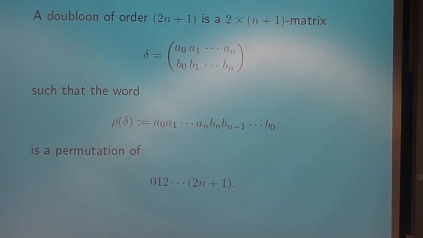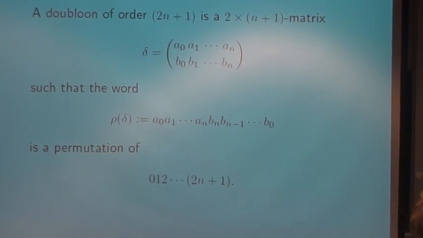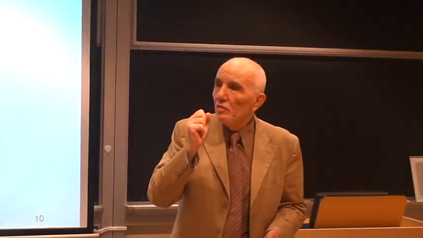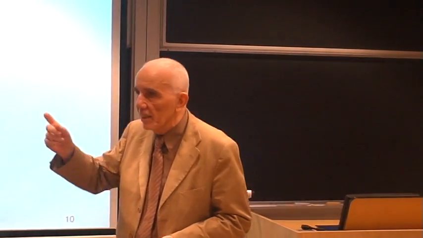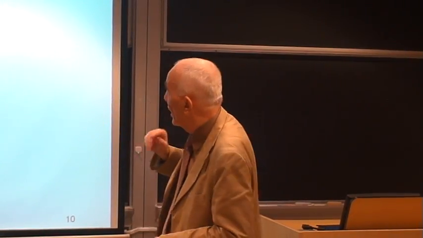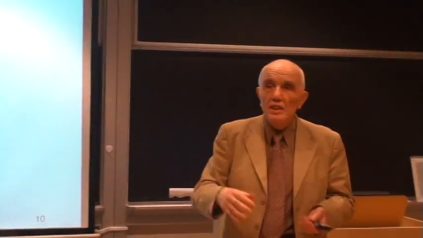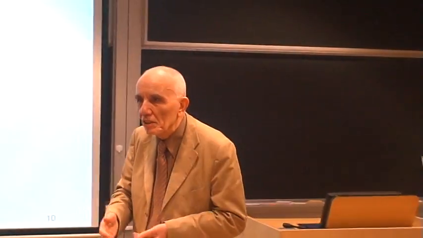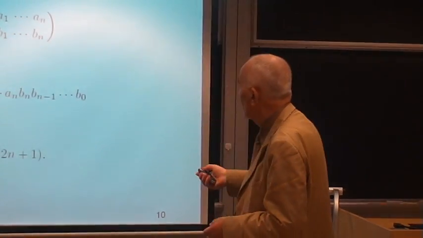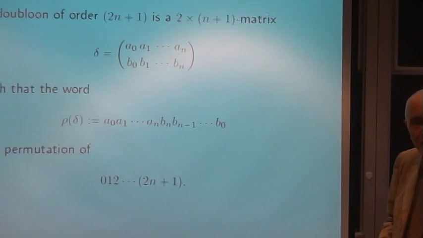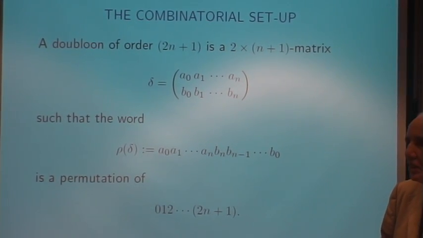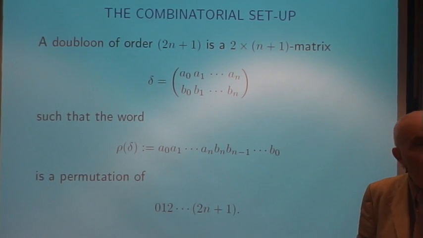We are going now to define a group acting on those permutations by rows independently. So a Doubloon is simply a permutation written as a 2-row matrix. Of course we need an even number of integers, and I take the integers from 0 up to 2n plus 1.